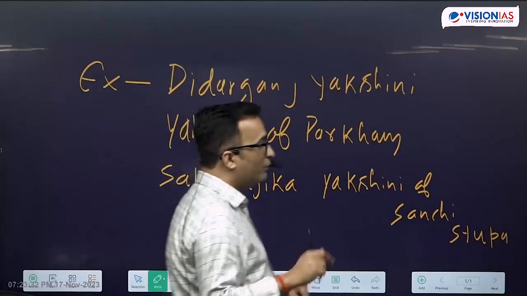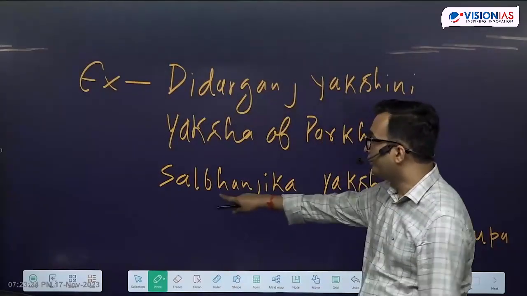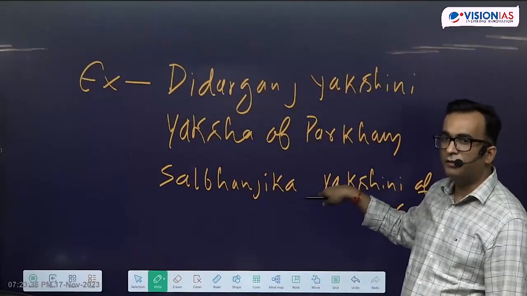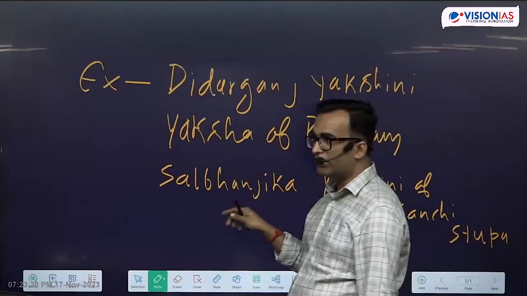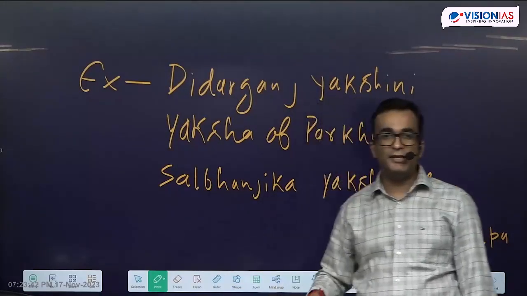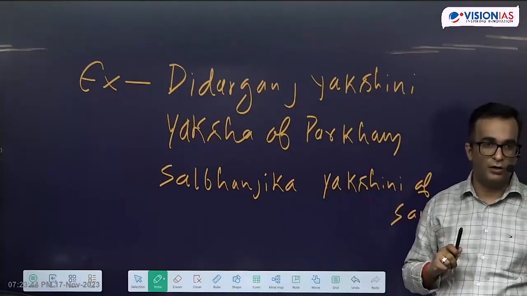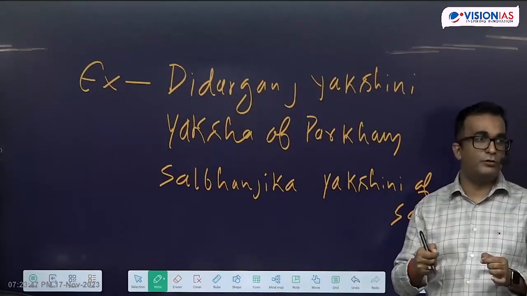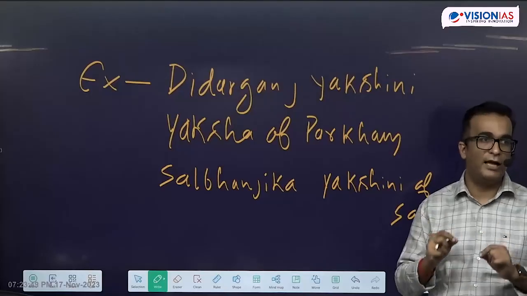Now write a meaning for this: why is this name given to this Yakshini? Because in this image, the Yakshini is holding a branch of the sal tree, and this branch of the sal tree is also considered very highly auspicious.